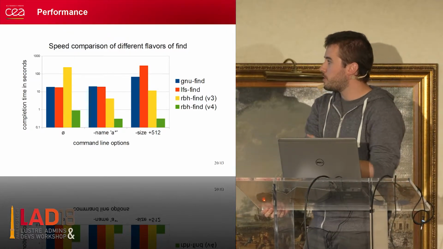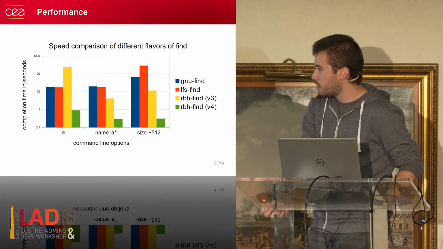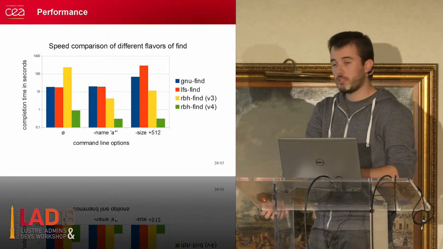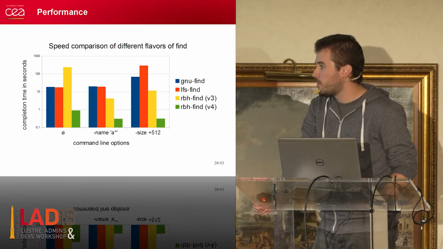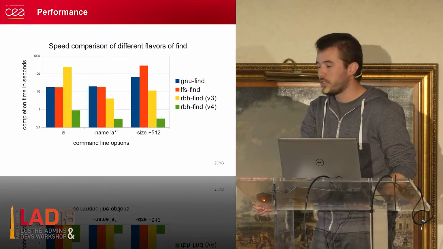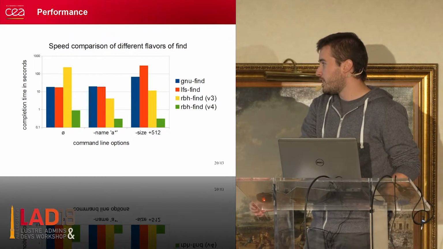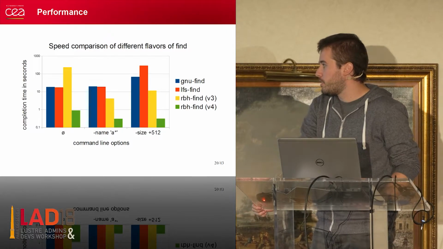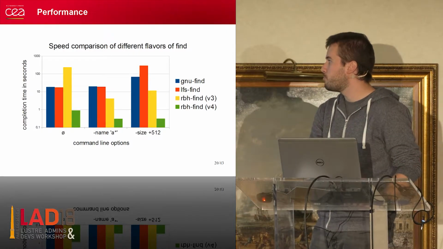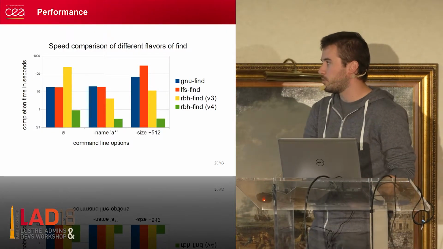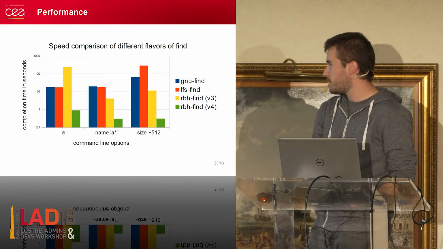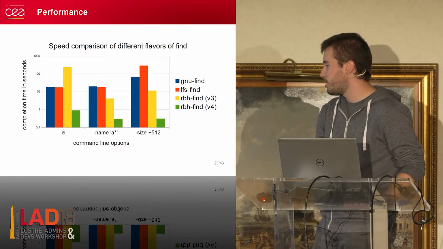So the first block of bar diagrams are without any options. The second one is with just -name A*, and the last one is a -size +512, because my file system entries were really small, so I didn't have anything over 1 kilobyte.